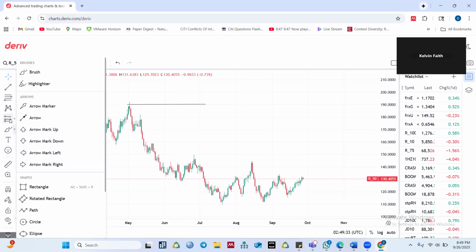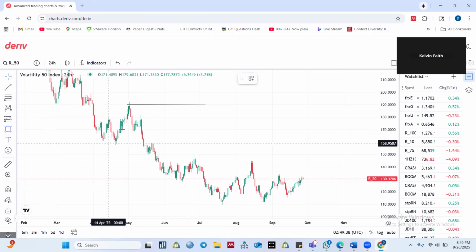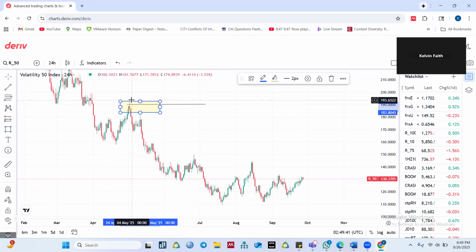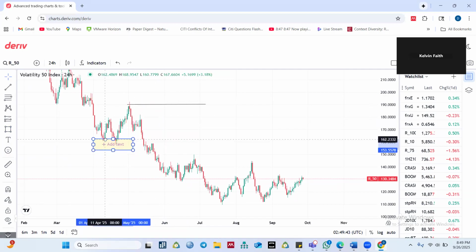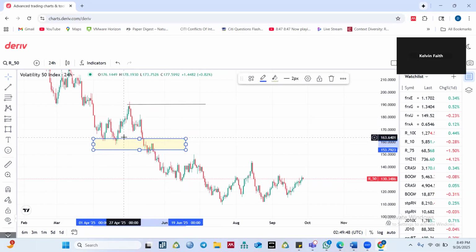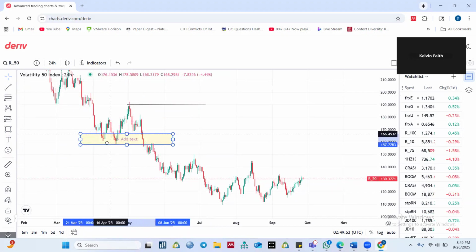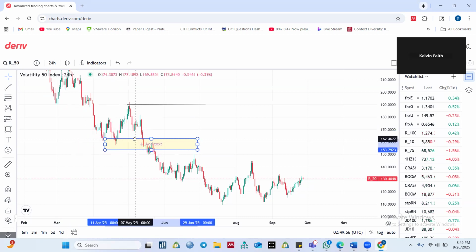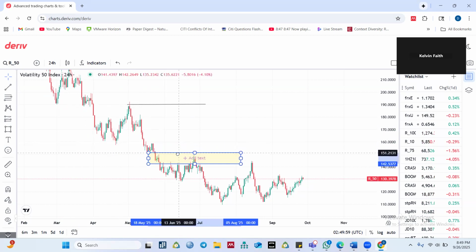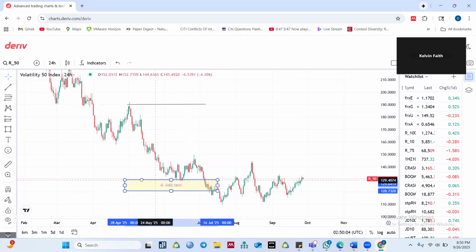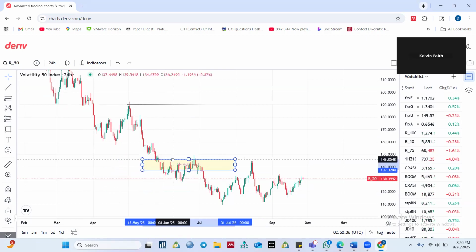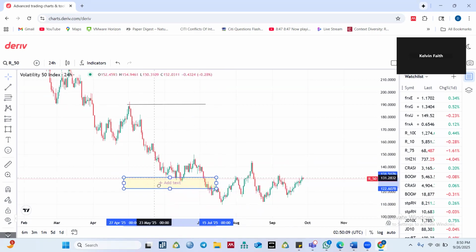I can see this point that dropped down and took this low here. So this is an important point. From this high, this low was taken. This is a break of structure. Then it pulled back to retest shortly, and then gave us this low, pulled up, and also broke structure to the downside.